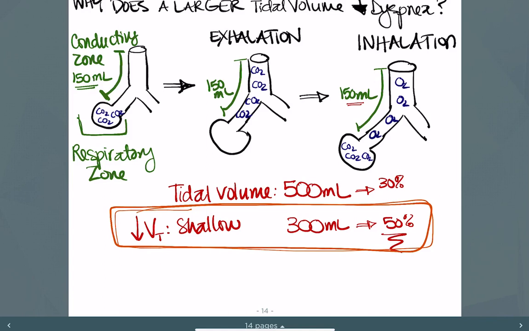Which is exactly why the normal acute response to exercise is to first increase our volume. When you start to exercise, the first thing you do is start to breathe deeper, because it is much more efficient if you use the energy to move a greater percentage of fresh air into your lungs.